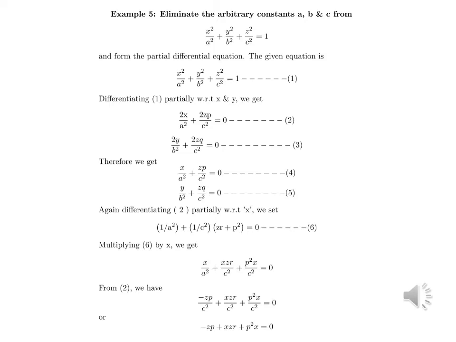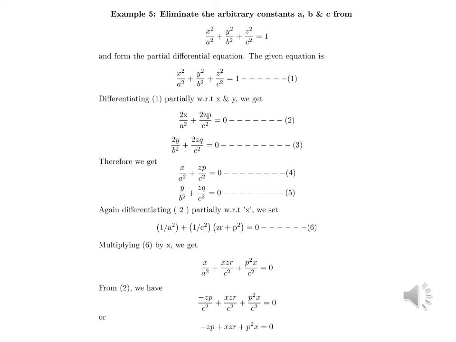Now you reduce, and here you can remove 2. So finally what we get is x by a square plus zp by c square equal to 0. Similarly, for the equation we received by differentiating with respect to y, y by b square plus zq divided by c square equal to 0.